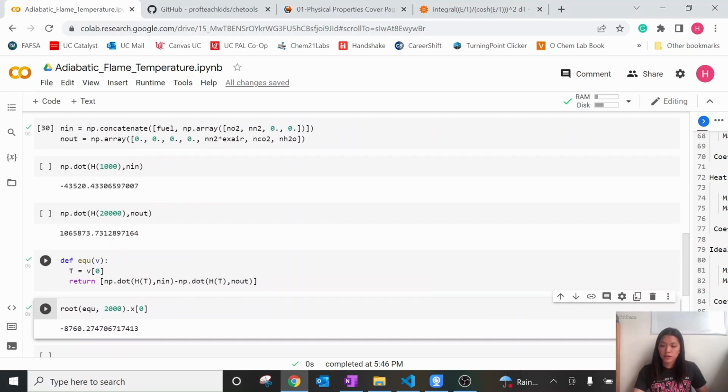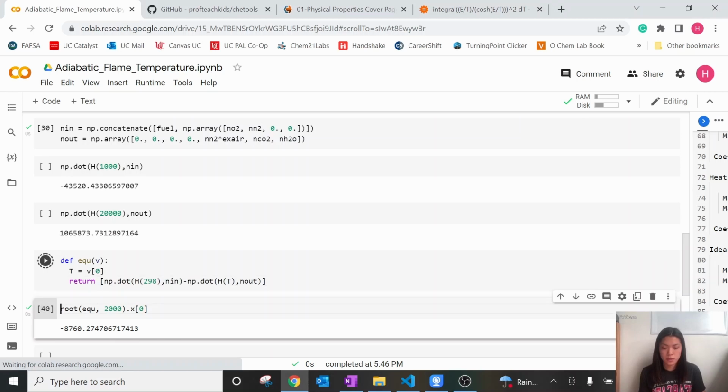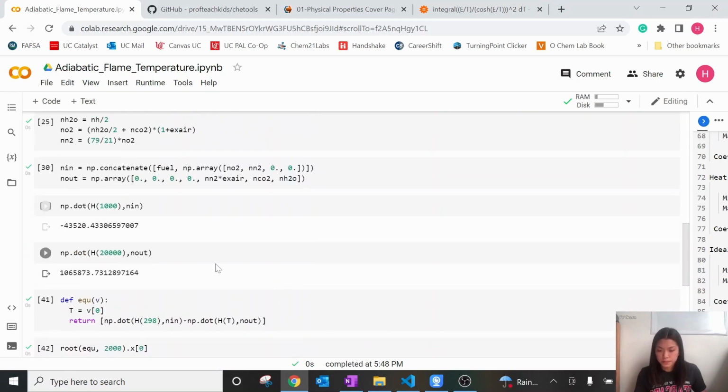So if we scroll up and we look for the error, we can see that the initial temperature going in is at 298 Kelvin, and so we don't want it at the T value, but we want it at 298. Also, it should be the root. Shift enter.